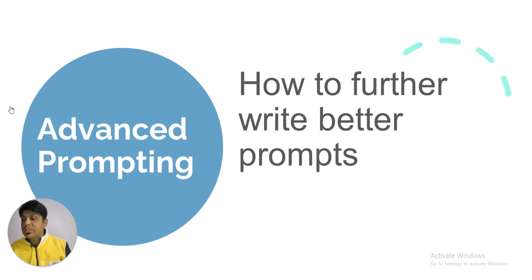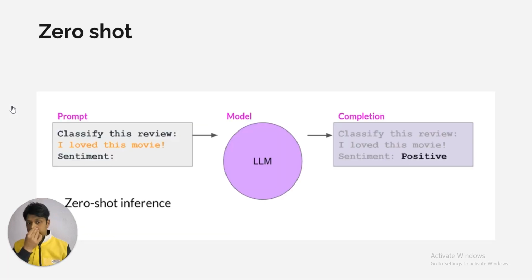Now let's learn some advanced prompting techniques, which are in context learning and chain of thought prompting. So let's understand this. Usually what we do is zero shot inference, as in we ask the model to do something, and the model, based on its learning, does the same thing.